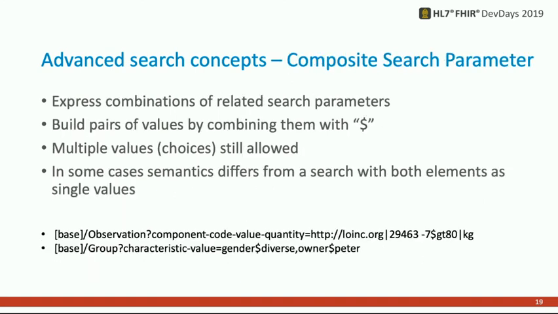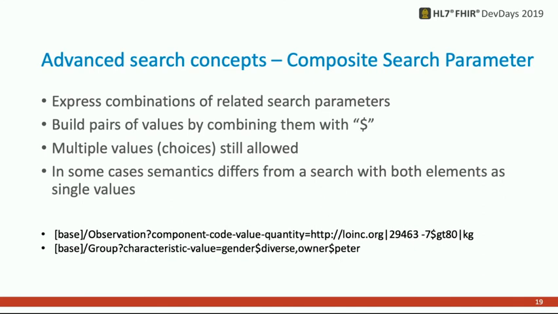Last but not least, we have composite, a composite search parameter, which basically provides you a way of searching on two different values, but in a combined sense. So it has a different semantic meaning than providing both search parameters combined with an AND. So normally I would combine two search parameters with a logical AND, but they would be applied independently.